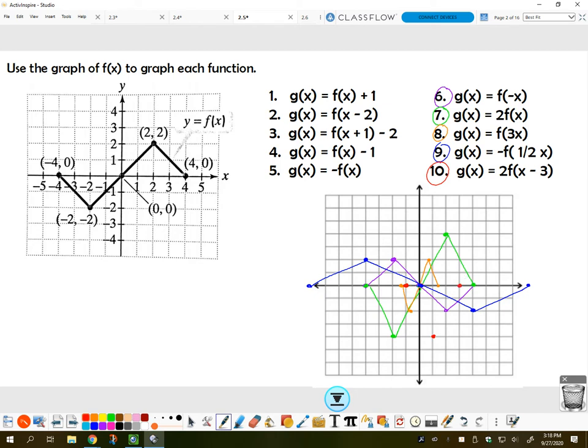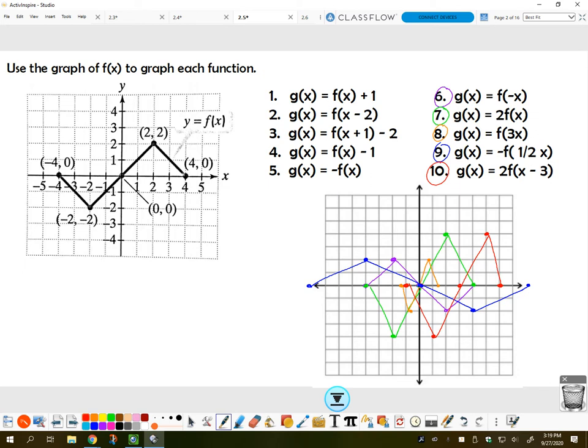At 2, 2, add 3 moves us to 5, and double takes us up to 4. And then for 0, we're going to add 3, which takes us to 7. Yeah, it felt wrong, but it's good. So we have slid over to the right 3 and we stretched our picture.